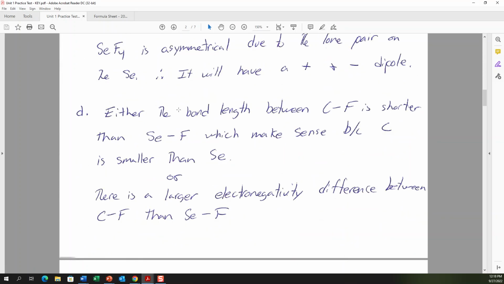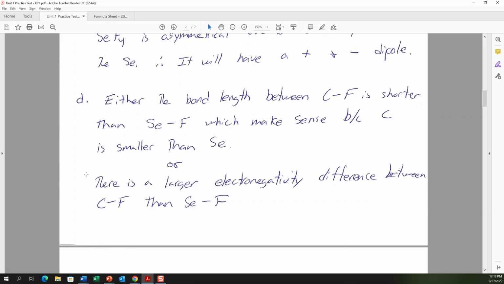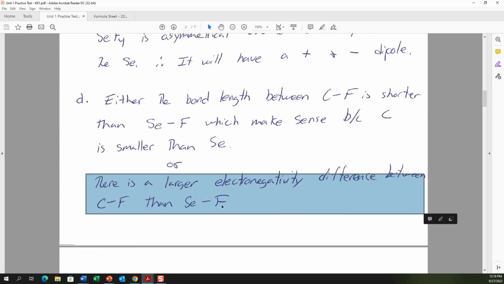The better answer is that selenium and carbon do have the same electronegativity value, so the bond length between carbon and fluorine is shorter than the bond length between selenium and fluorine, which makes sense because carbon is smaller than selenium. But this would count because they didn't give us the actual values of electronegativity of carbon and selenium. So if you had said the CF bond is more polar, that would be an acceptable answer as well.